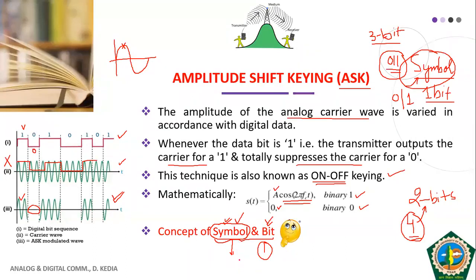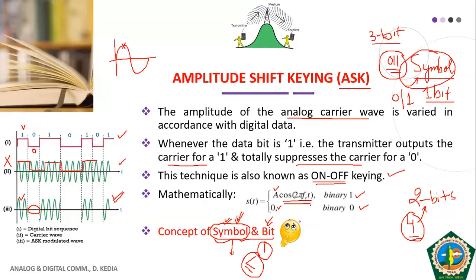Otherwise, your symbol rate will always be less than the bit rate. So generally my symbol rate is always less than or equal to the bit rate. You should understand that we always talk about symbols first, and then we talk about the number of bits used to represent a symbol. Fine. So that was the concept of symbol and bit, and the concept of ASK in general.